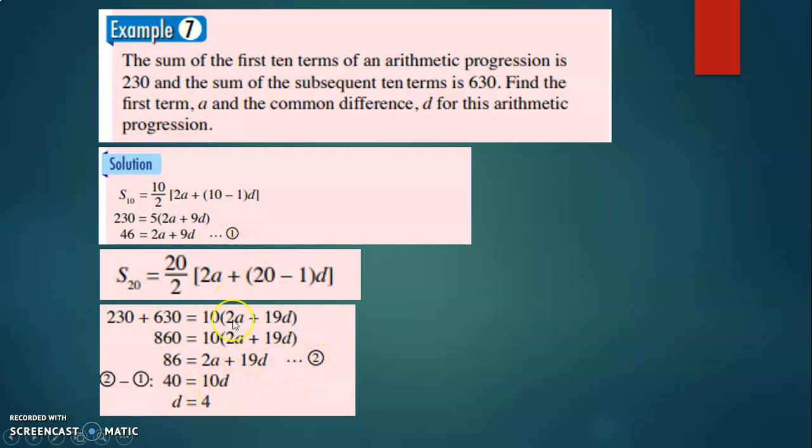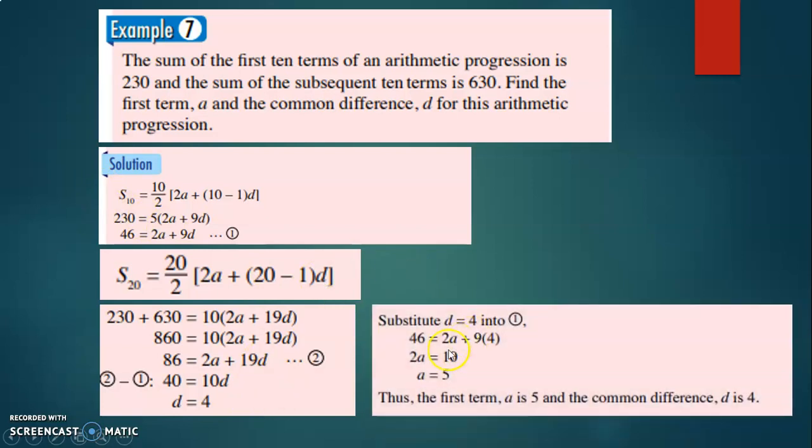So 这两个 equation you solve it, you solve for A and D. 2 minus 1, you get D equals to 4. Substitute into this, you get your A. That is your first term A and the D.